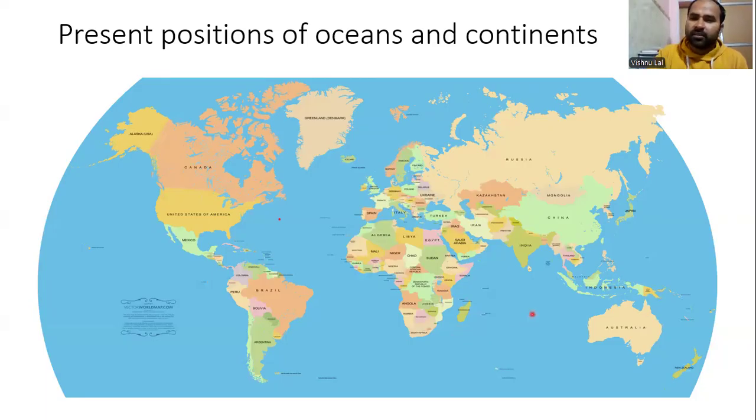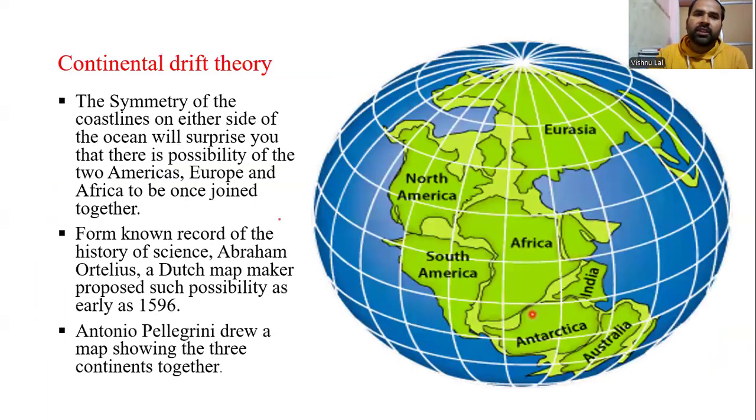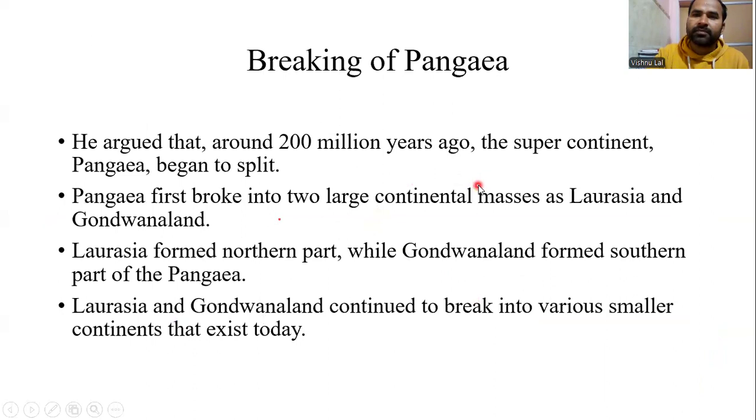So according to him, about 250 million years ago, the supercontinent began to split. First, it was broken into two continental masses, Laurasia and Gondwanaland. Laurasia formed the northern part, while Gondwanaland formed the southern part.